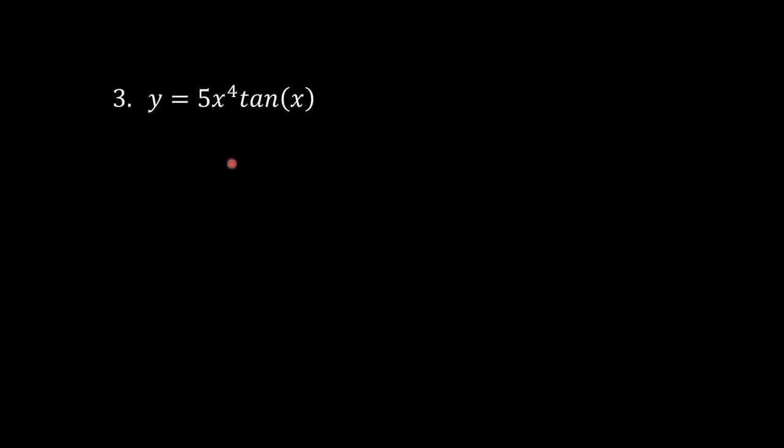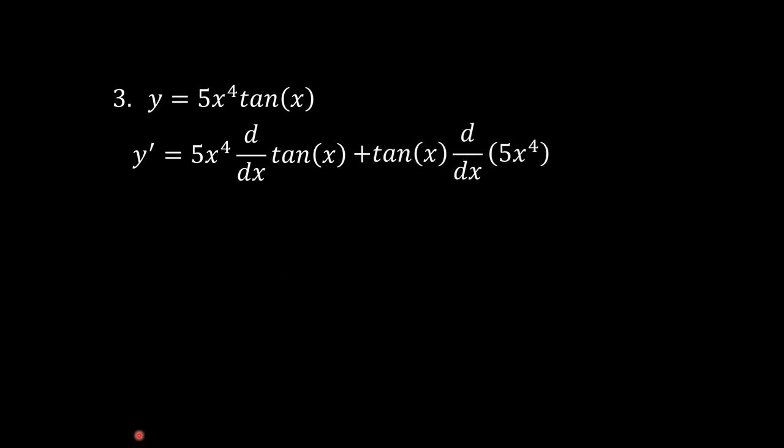Number 3, y is equal to 5x raised to the exponent of 4 tangent x. Applying the product rule for derivatives, we have the derivative of y is equal to 5x raised to the exponent of 4 times the derivative of tangent x with respect to x plus tangent x times the derivative of 5x raised to the exponent of 4 with respect to x.